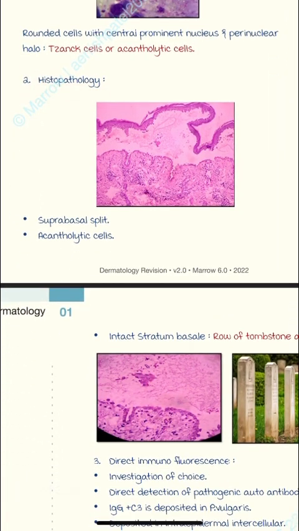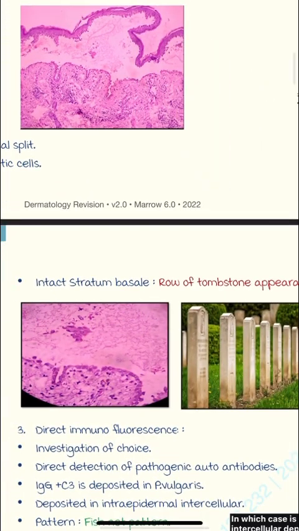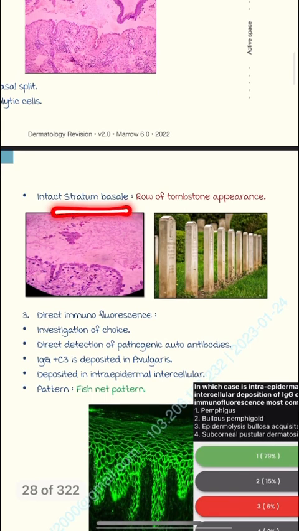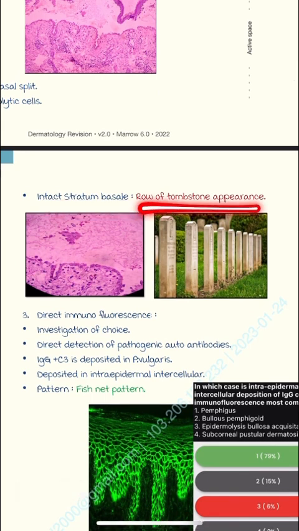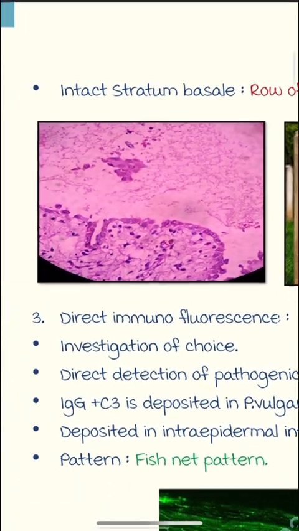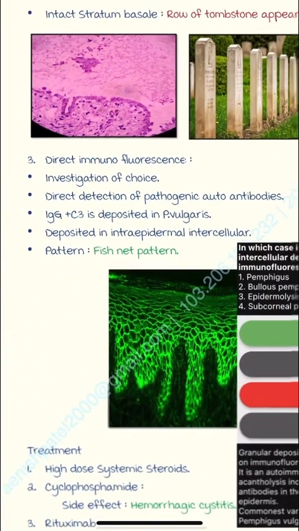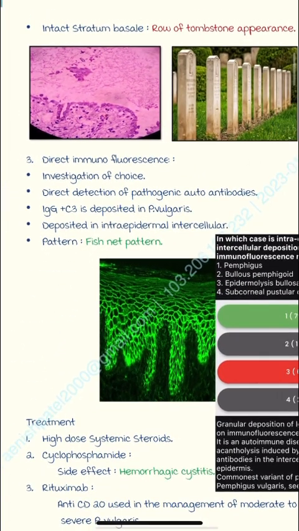Histopathology shows a suprabasal split and acantholytic cells. There is an intact stratum basale, the row of tombstones appearance. In direct immunofluorescence, which is the investigation of choice, autoantibodies are seen.